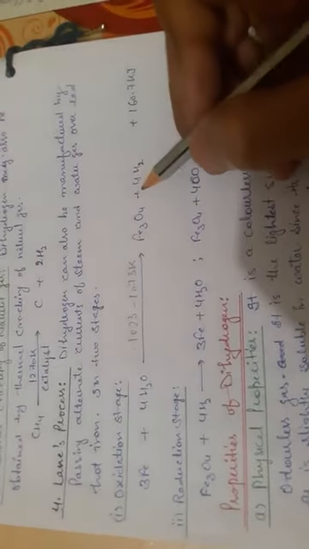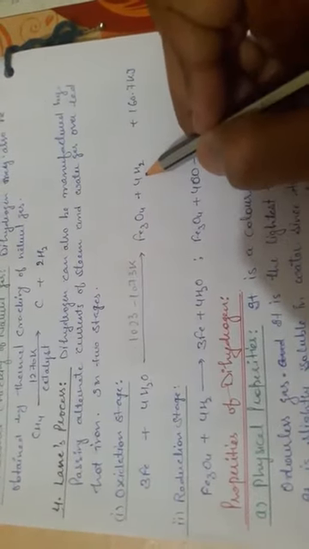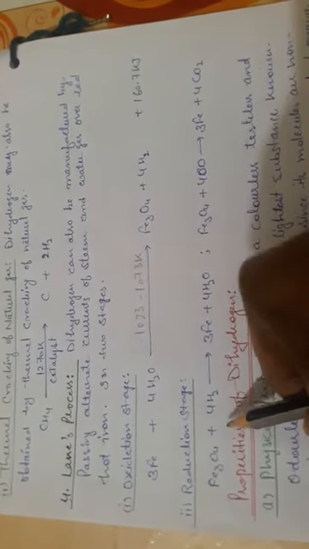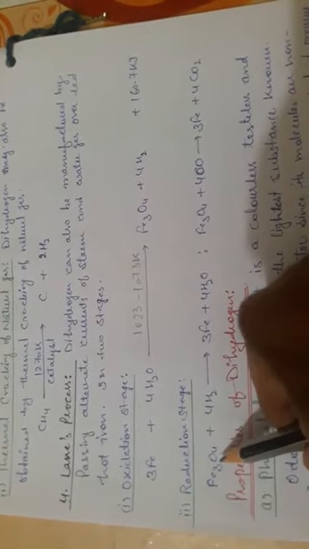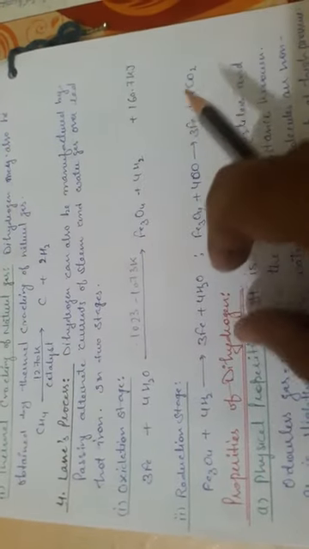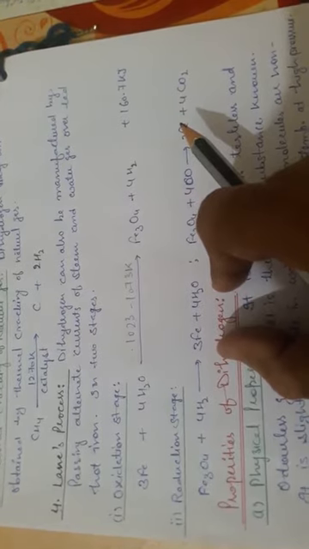After that it converts into magnetic oxide, Fe3O4, plus hydrogen. Similarly in the reduction stage, which is removal of oxygen, the magnetic oxide reacts in a reversible reaction and converts into iron plus 4 water molecules.